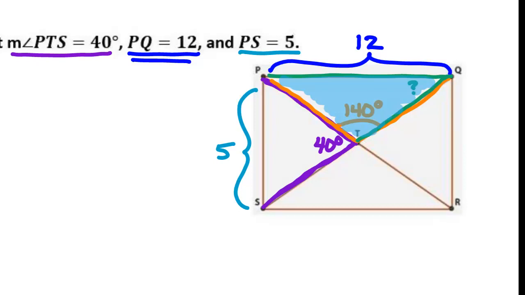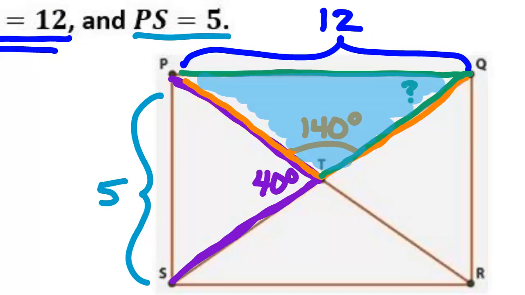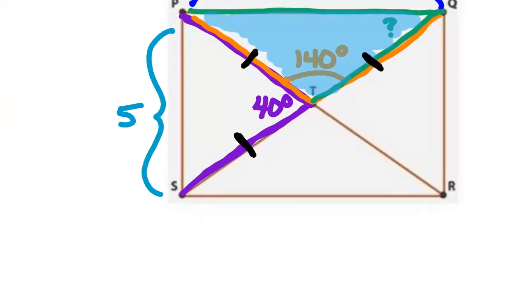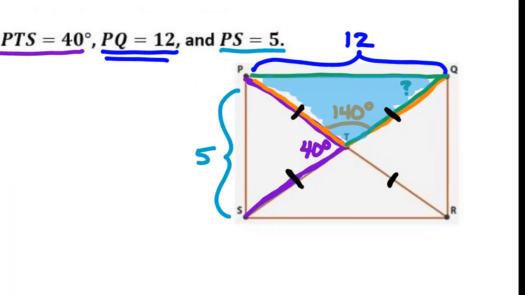If I have two sticks that are the same size, and I break them both exactly in half, what would be true about those four little pieces that I would have done? They would all be congruent to each other. So PT is the same size as TQ, is the same size as ST, is the same size as TR.